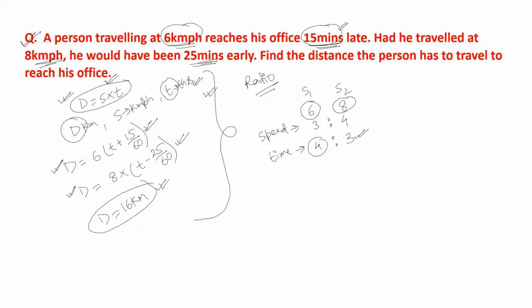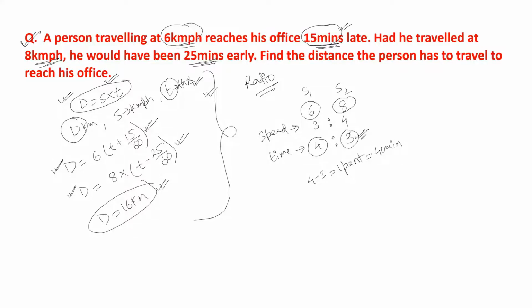Now, in the first case, the person was reaching 15 minutes late, and in the second case, the person was reaching 25 minutes early. So the time gap between these two is simply 25 plus 15, that is 40 minutes. So we can say that 4 minus 3, that is 1 part, is equivalent to 40 minutes.